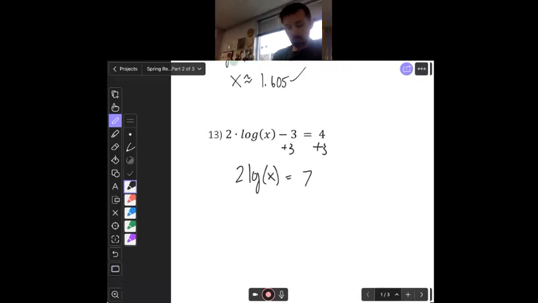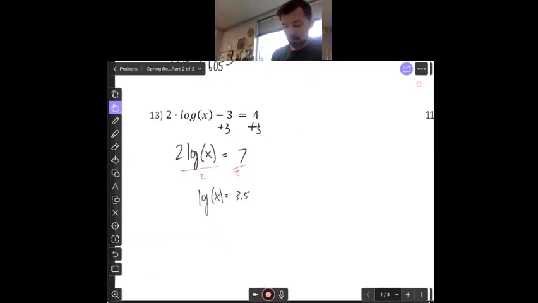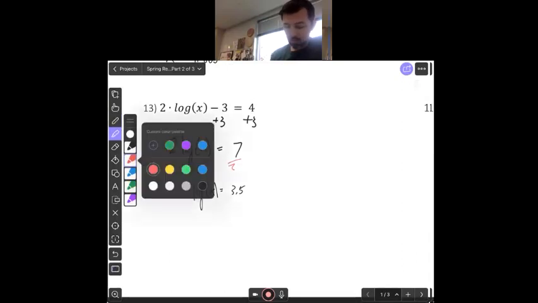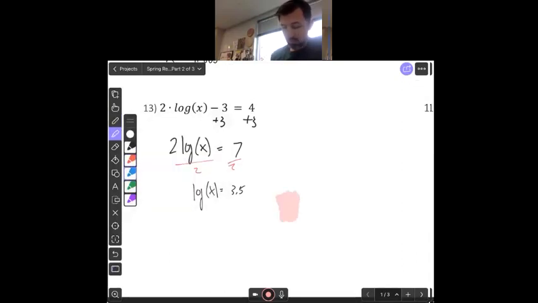Okay, what's next thing, Mason? What's next? Okay, so we get rid of that offending 2 there. So log of x equals 3.5. And then from there, it's again that idea that we want to turn this into a power. So we have some base to some power equals something, right?